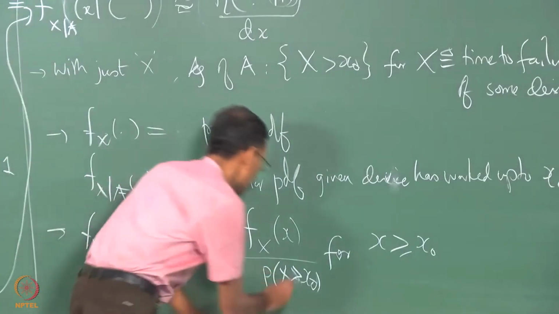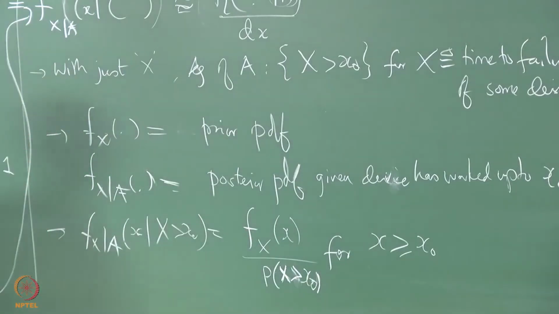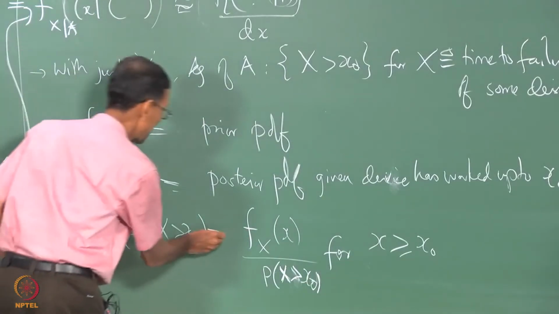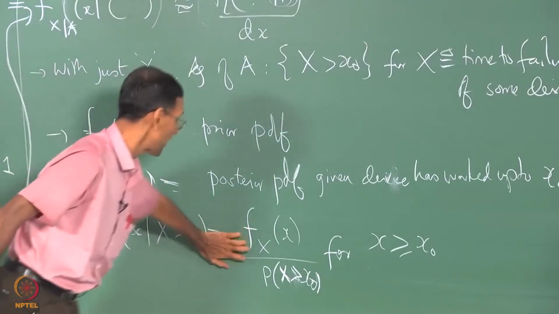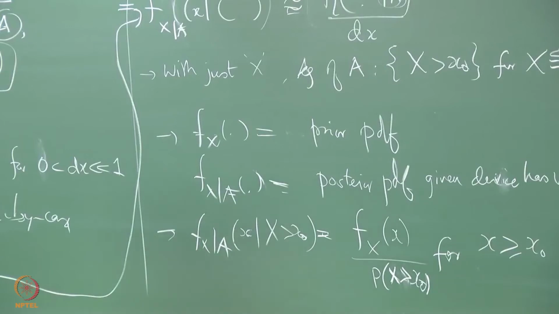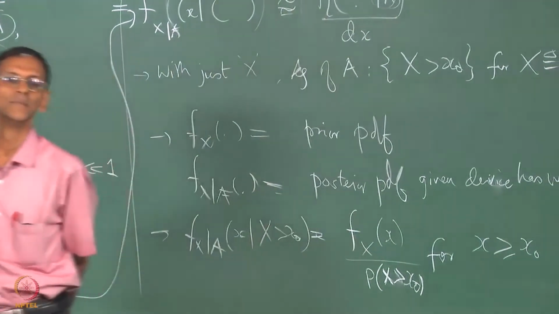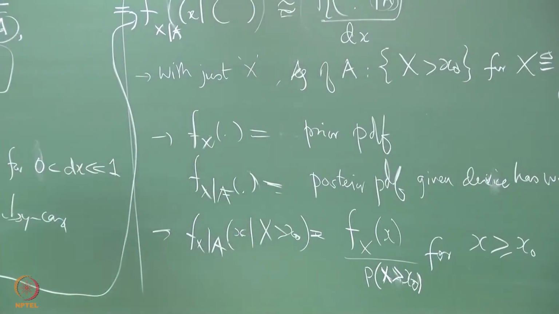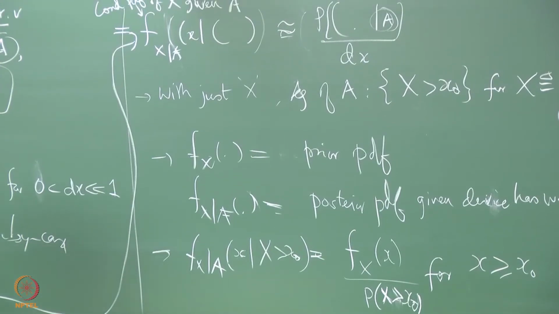This is P of A, which I am writing in expanded form. I do not want to write it as P of A, I am writing it as P of X greater than x naught. This is exact. Why can I make this statement? First of all, is this a valid PDF? It is a valid PDF. I am only going from x naught to infinity, and I am claiming that this operation will exactly give me this. Does anyone have any problem with that? Yes?